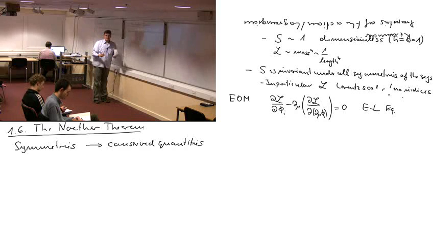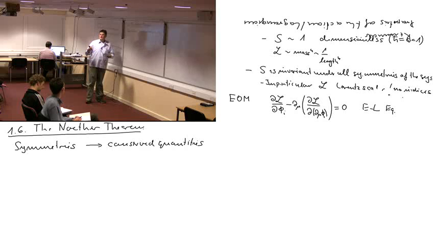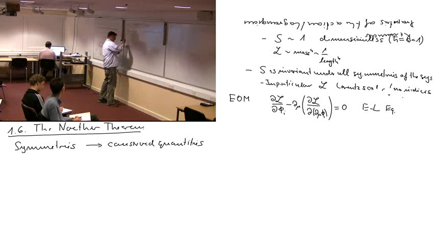OK, so I'll again do it very schematically. I'll basically write it as if there were only one field. But you can easily generalize to any number of fields you like. So let us assume a field transformation.